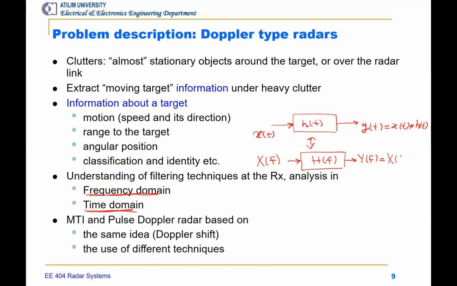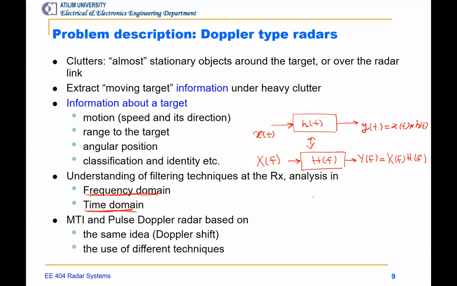Now, this is going to be multiplication. Okay, so convolution in time domain is equivalent to multiplication in frequency domain, and vice versa.